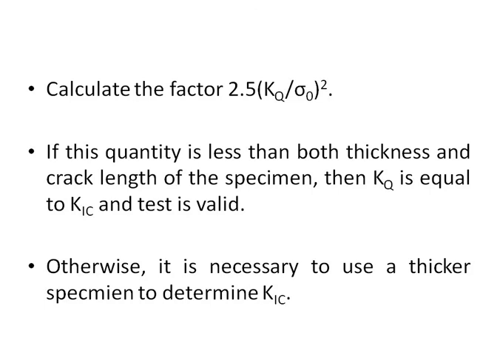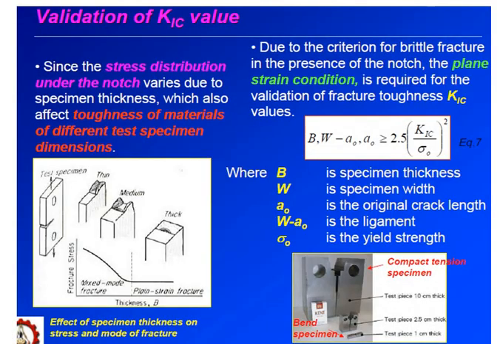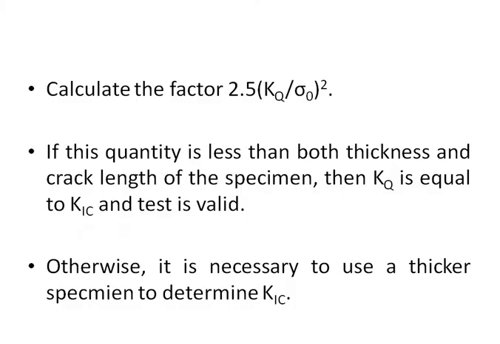This is the factor we started with, do you remember? So calculate that factor. If it is less than both thickness and crack length, then KQ equals KIC and the test is valid. Otherwise, it is necessary to use a thicker specimen to find KIC.